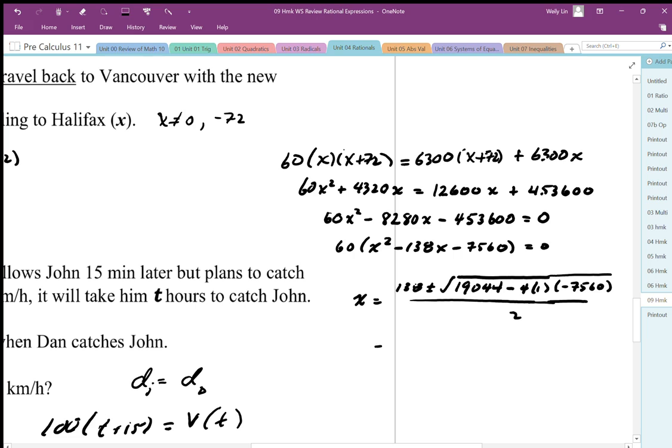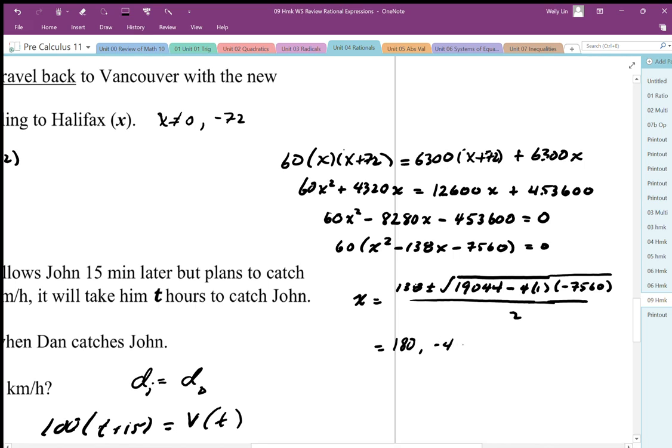Plugging that into my calculator, these are kind of big numbers, so it's taking me a while to plug this in. And it looks like I have 180 as one solution, and the other solution is negative 42.